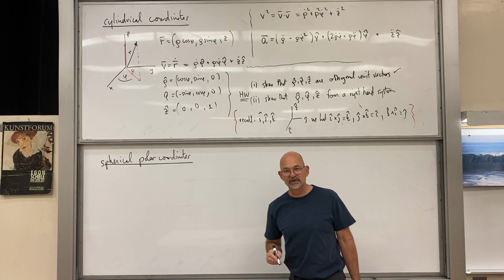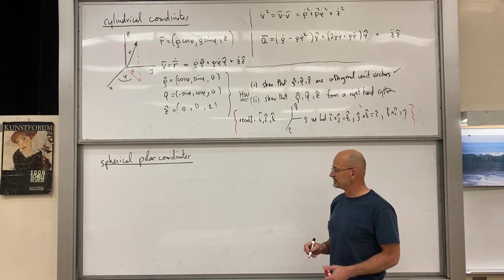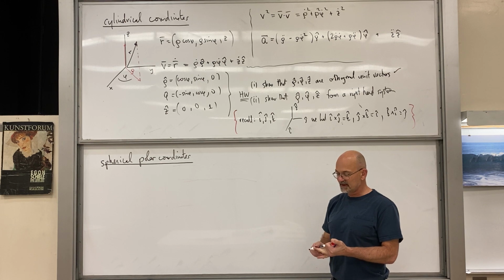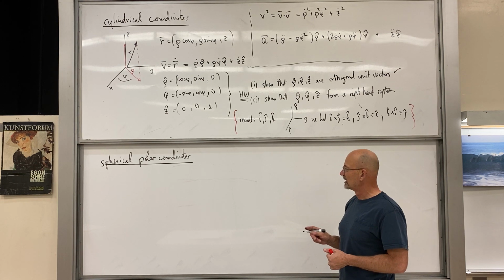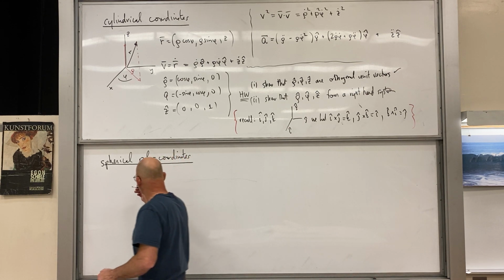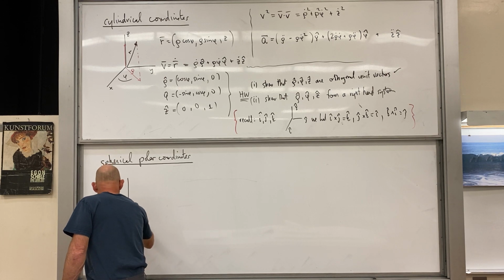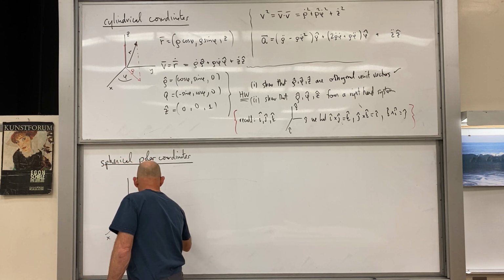And again, we have to find the kinematic quantities for position, velocity. Turns out on this one we don't need the acceleration, but I'm getting ahead of myself. So spherical polar coordinates, first of all, we have to draw, same thing we had here for the cylindricals.